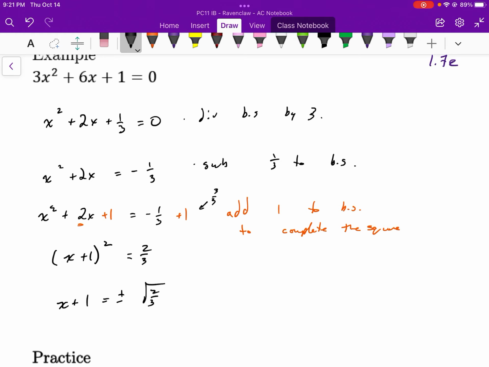Done. Now notice that we're starting to enter a stage of uncomfortableness because we are dealing with an irrational number on the right side. The square root of 2/3 is irrational. You can't simplify it. So I'm going to subtract 1 from both sides.